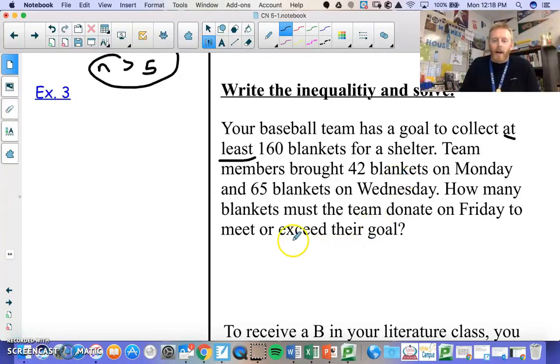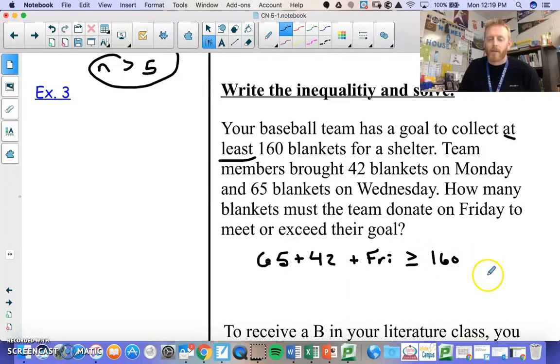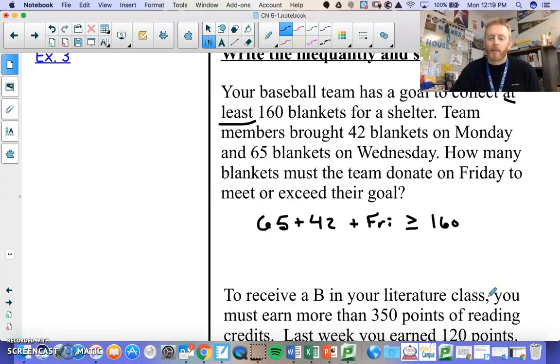So we have 65 plus 42 plus whatever they bring on Friday, and it says at least. So we want this number to be greater than or equal to 160 because the word's at least. So the minimum number we could have would be 160 to make this true.